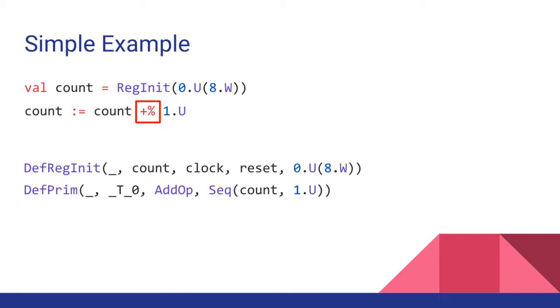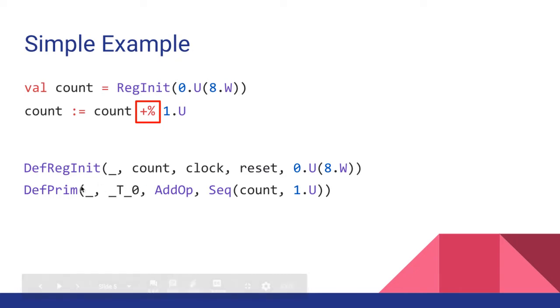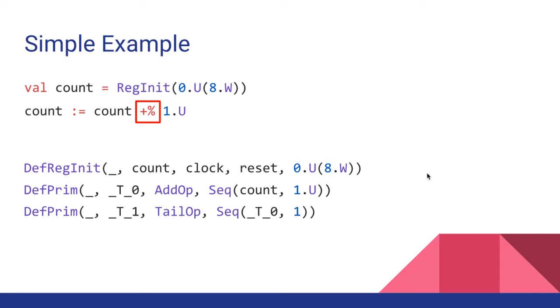And then _T_0. A primitive operation corresponds to a node in FIRRTL, a node just being a named expression, if you will. In this case, _T_0 is the string of the name of this primitive operator. So what this does is it creates a node that is _T_0 equals the addition of count and 1. But that's the actual object that gets created.